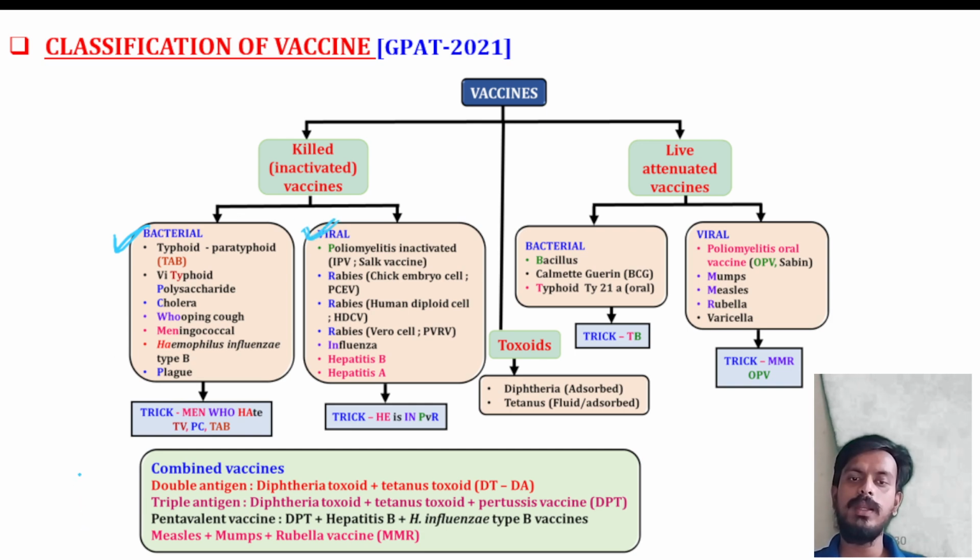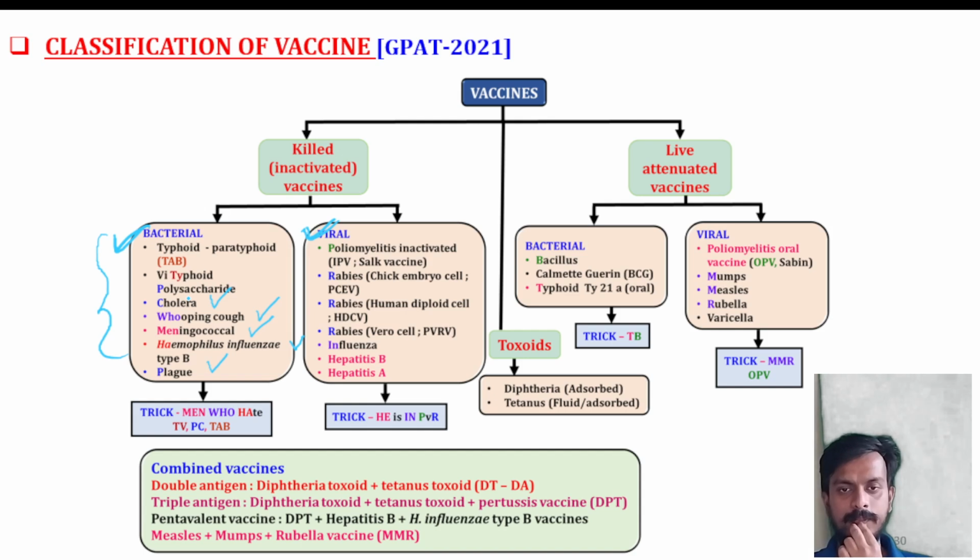You can remember by a trick. Killed bacterial vaccines include typhoid and paratyphoid, typhoid polysaccharide vaccine, cholera vaccine, whooping cough, meningococcal, Haemophilus influenzae type B, and plague. What comes under killed viral vaccine?